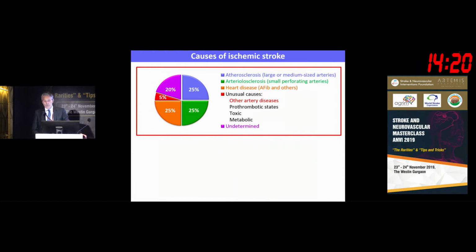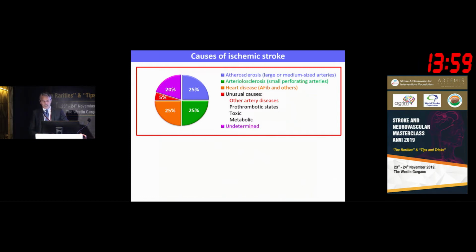Atherosclerosis, which affects large and medium-sized arteries, arteriolosclerosis, that affects mainly small perforating arteries, and heart disease, each of them account for approximately 25% of ischemic stroke, meaning a total of 3 causes for 75% of stroke.